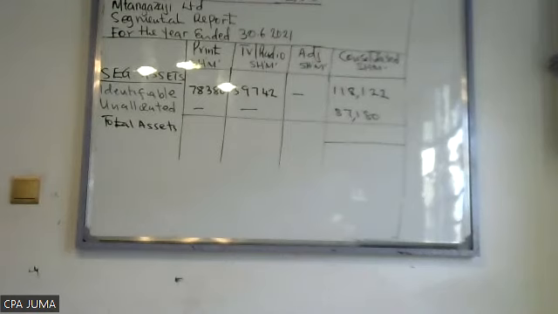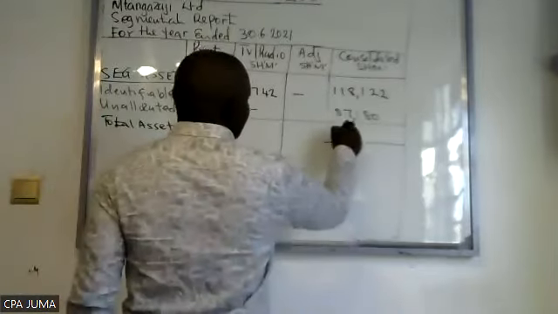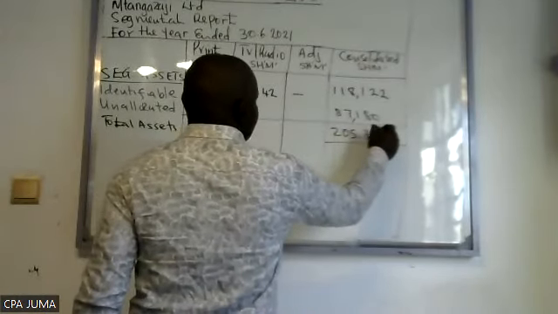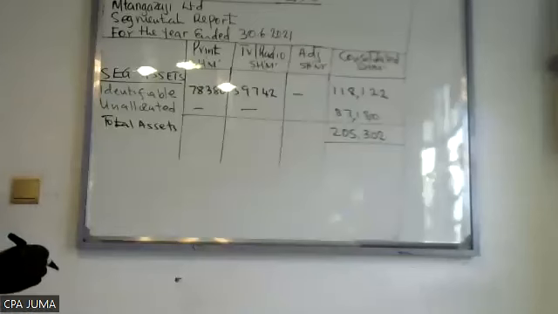So total 205,302. Let's go to segment liabilities.